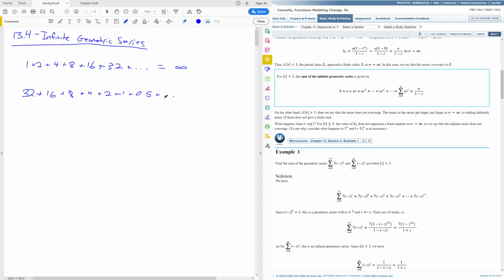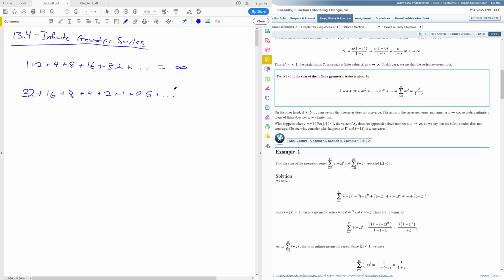But at some point, because this goes on forever, the amount that I'm adding is getting closer and closer to 0. And so I'm adding such a small value that in the long run, it doesn't even make a difference anymore, right? So it's what we call an infinitesimally small value.